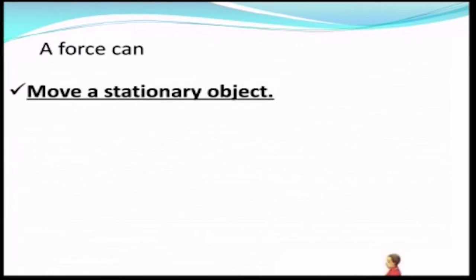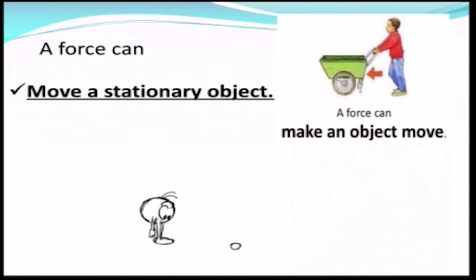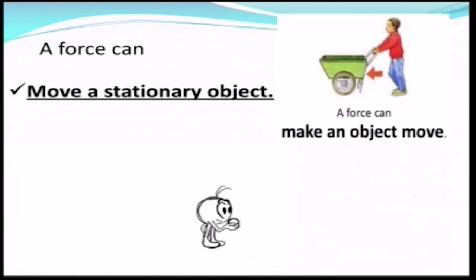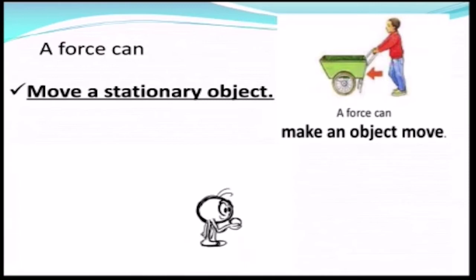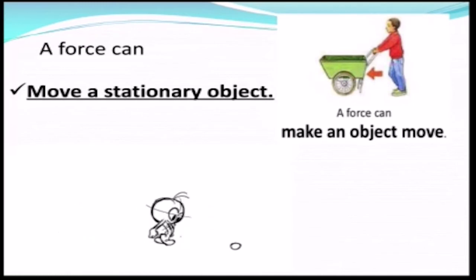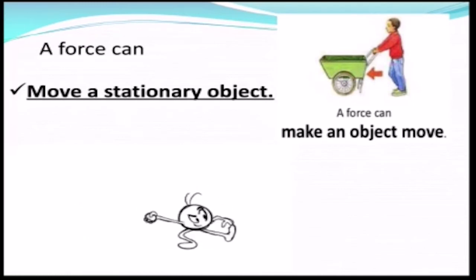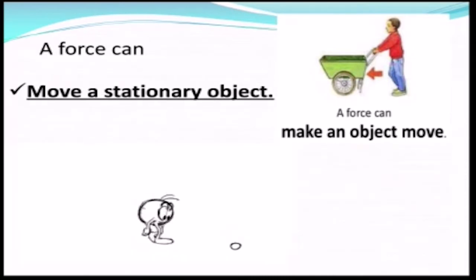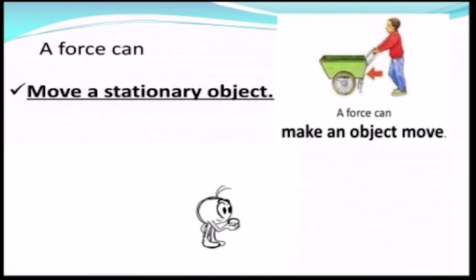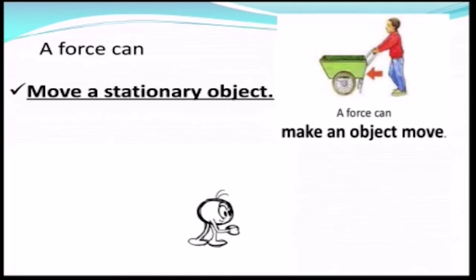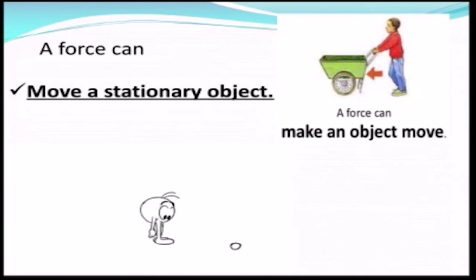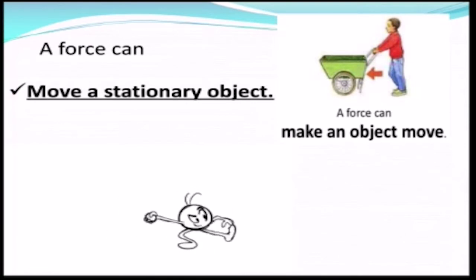Dear students, do you know a force can move a stationary object? Stationary means not moving. Here you can see that a ball on the ground is not moving. It is said to be at rest or stationary. So when we apply a force on the ball, it moves, right?